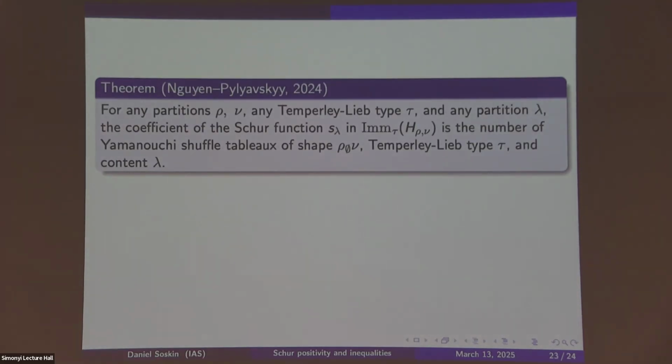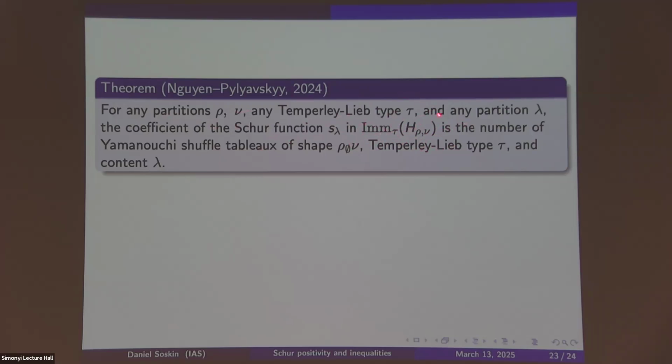And also, on the theorem which I mentioned earlier, we have a combinatorial interpretation for the evaluation of a given immanent on a given Jacobi-Trudi matrix expanded in Schur basis.